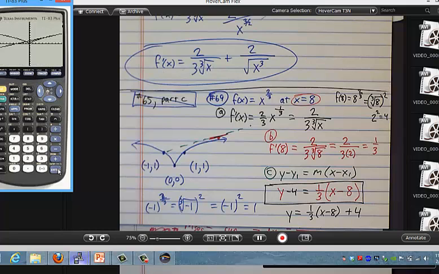Enter. See if it finds it. Oh, it didn't. It found -1, 1. That's interesting. It didn't quite find where the intersection was over here. That's because it's a tangent line. So, well, we're able to get a picture.